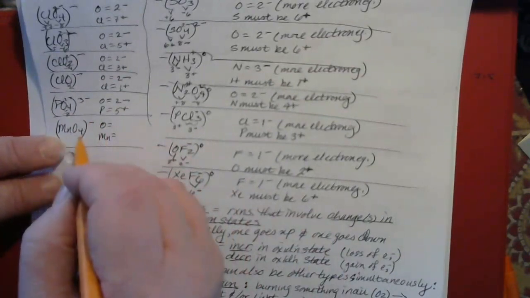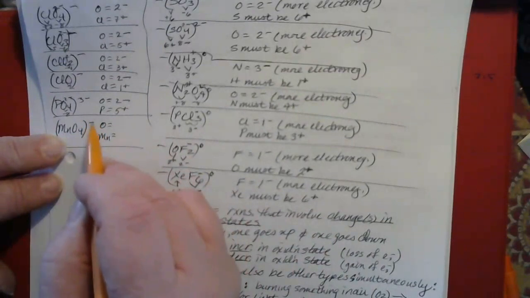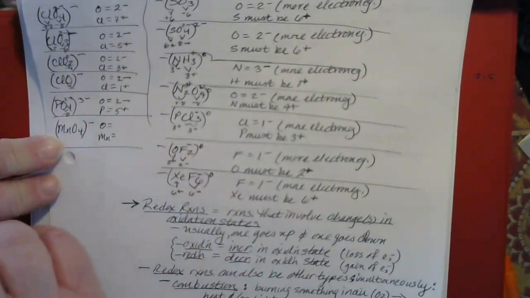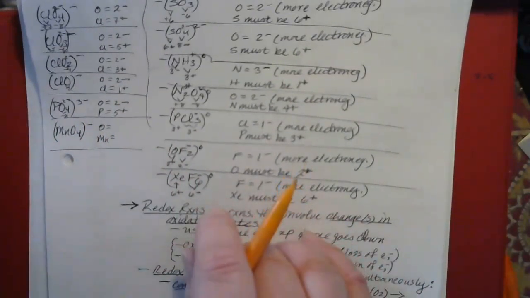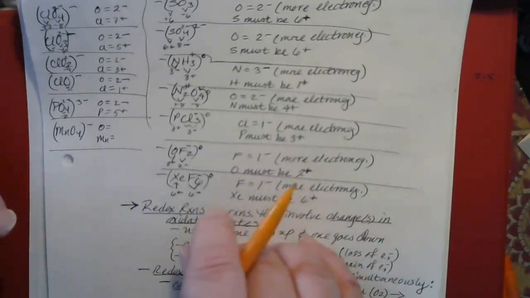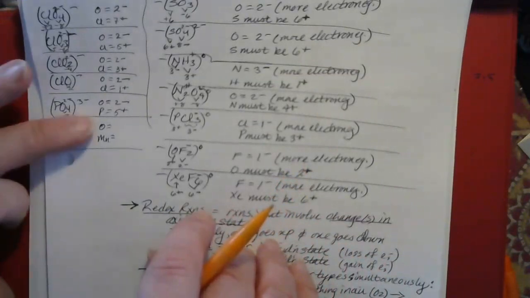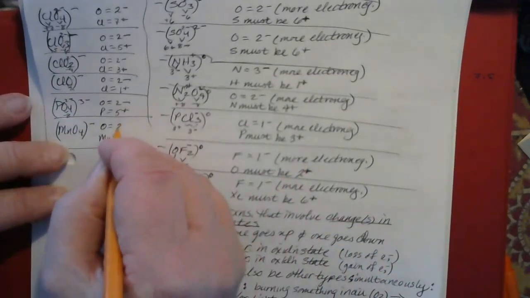The permanganate ion, MnO4 minus, has an overall charge of -1. It involves manganese and oxygen. Manganese is actually a transition metal, so you'd expect it to have a positive charge in anything, really. And fortunately, that's the way it will turn out here. And if you're comparing oxygen to a metal, there's absolutely no doubt which one has higher electronegativity, and that will be the oxygen. And so oxygens with metals are always -2.